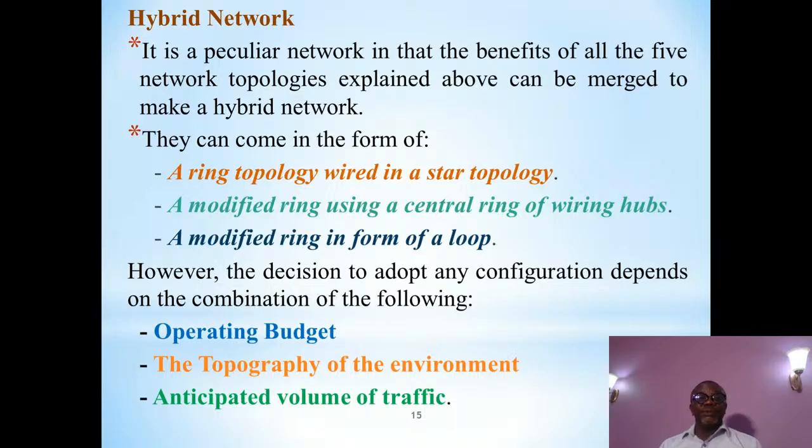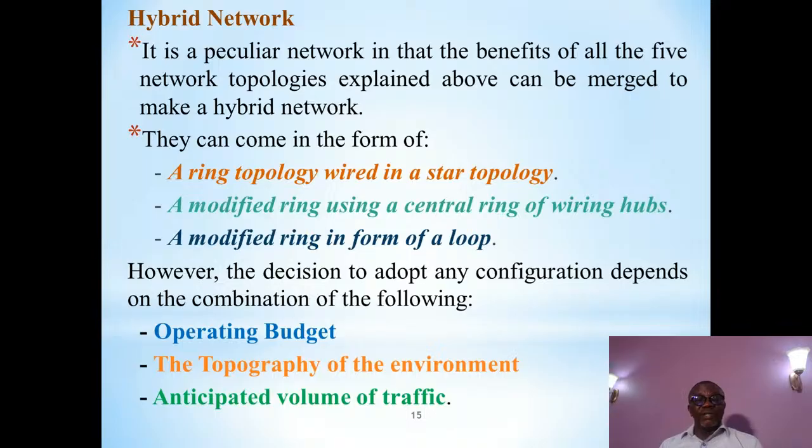They can come in the form of a ring topology wired in a star topology, a modified ring using a central ring of wiring hubs, and it can come as a modified ring in the form of a loop.